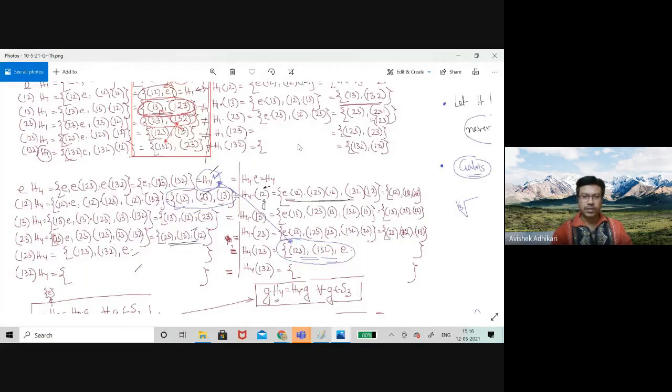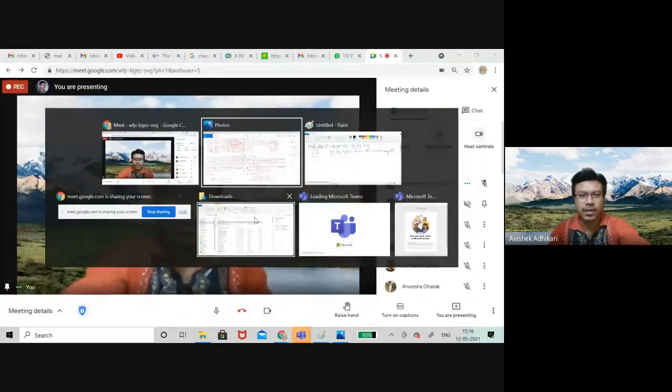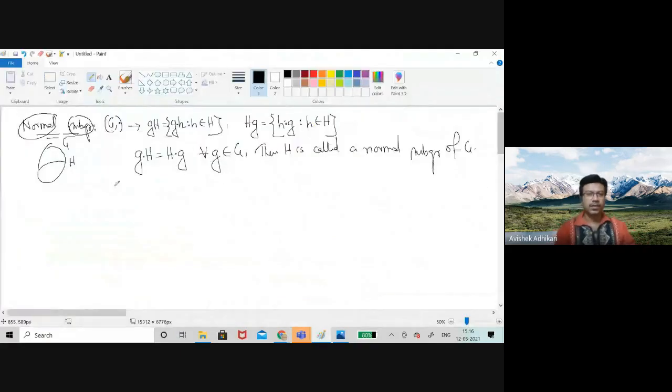so that's why you say that you see that this property is satisfied. As a result, this property is satisfied for that group if I consider G to be S3 and my H to be A3, same as E, (1 2 3), (1 3 2).